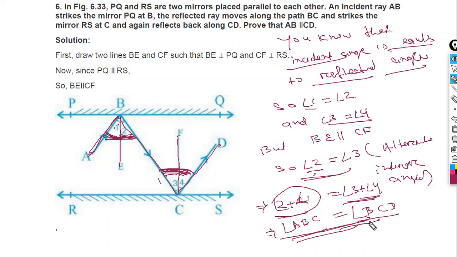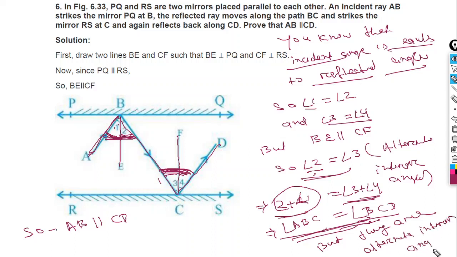We have a theorem. Therefore AB is parallel to CD, because they are alternate interior angles.